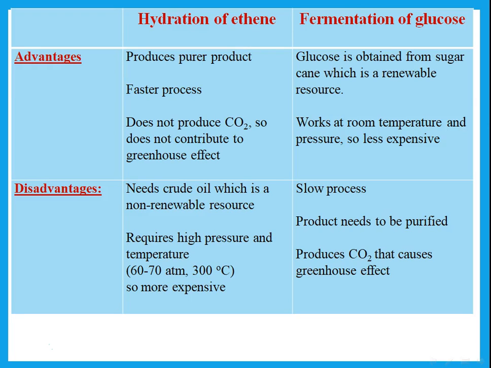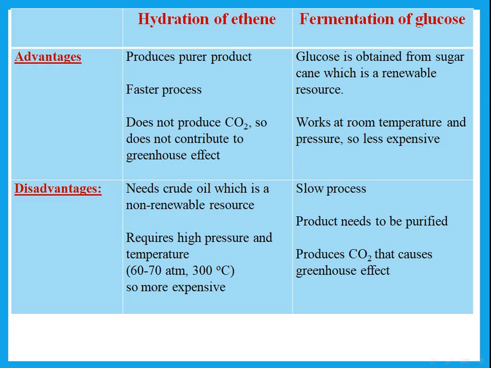Now, again, we said there are two methods of making ethanol. I can either make it by hydration of ethene or fermentation of glucose. So in case of fermentation of glucose, we said I get glucose from sugarcane. Sugarcane is a renewable resource, and I need room temperature or just a little bit of temperature, and that is less expensive.